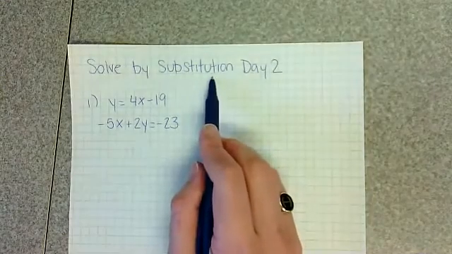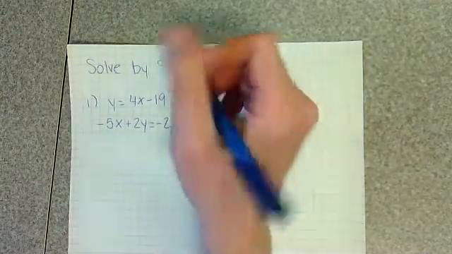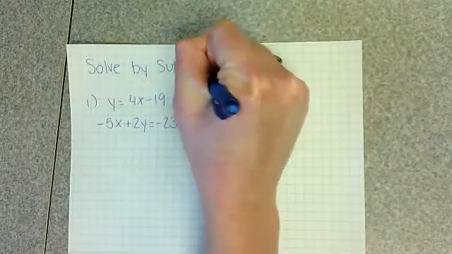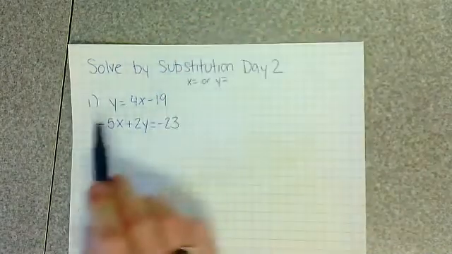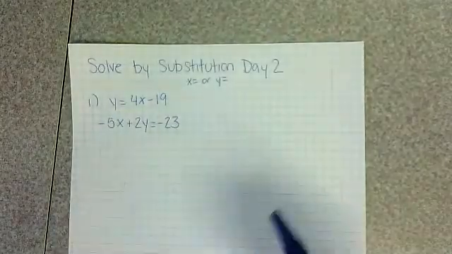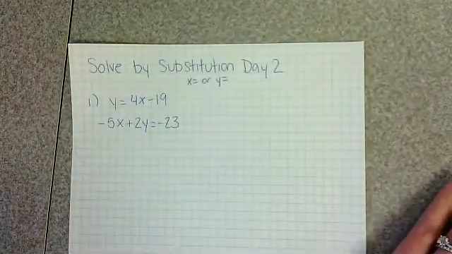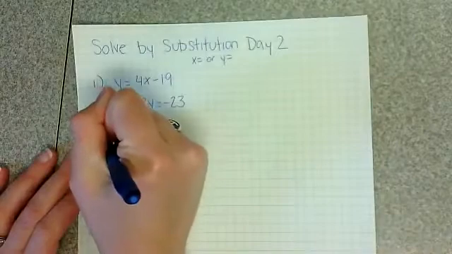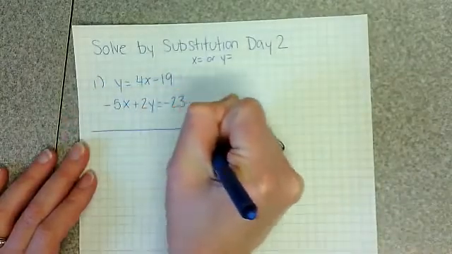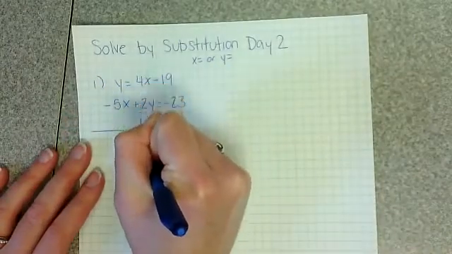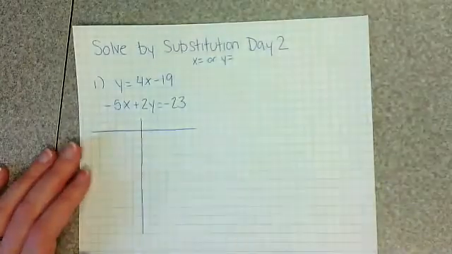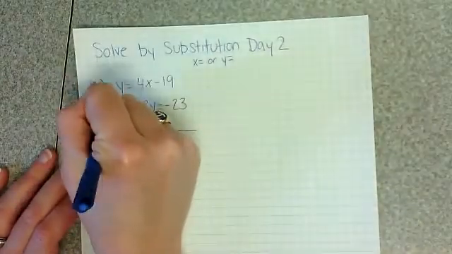We keep talking about when we are solving by substitution that we're looking for an x equals or a y equals. Well, in this first one, we have a y equals, perfect. So I can go ahead and use substitution. I'm going to set up my t-chart because that's how I stay organized. And I think that's how most of you stay organized. Put my y equals equation first.